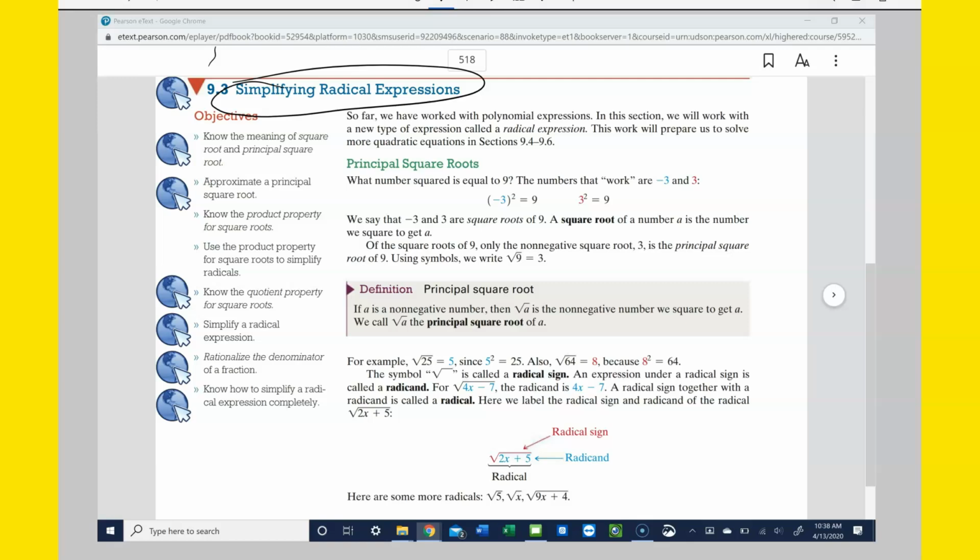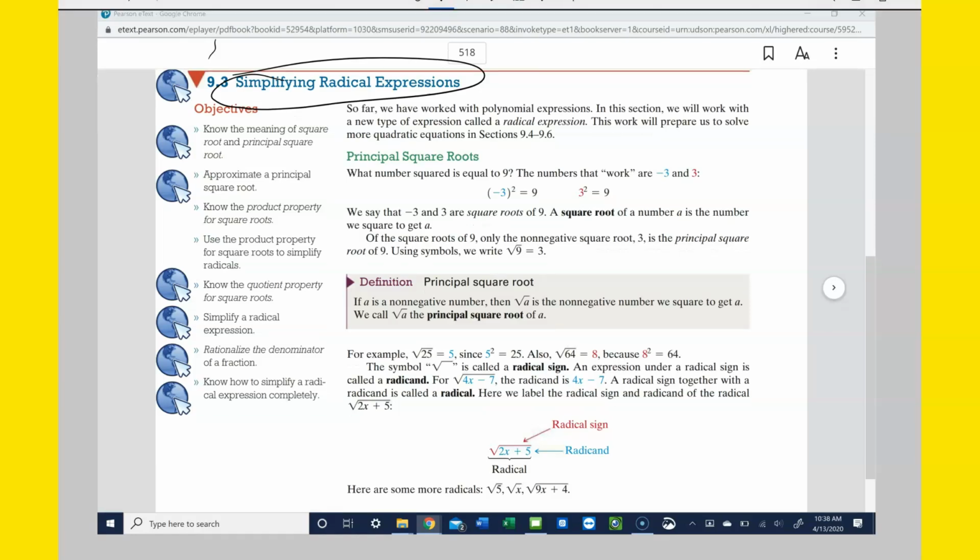So we're going to look at square roots. So let's look at this right here, the principal square roots. What number squared is equal to 9? Well, there are two numbers that when you square them equal 9, 3 and negative 3.